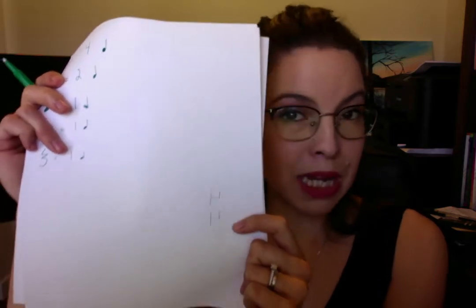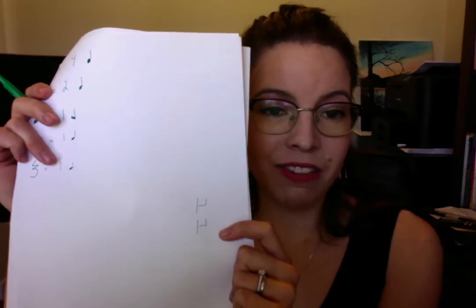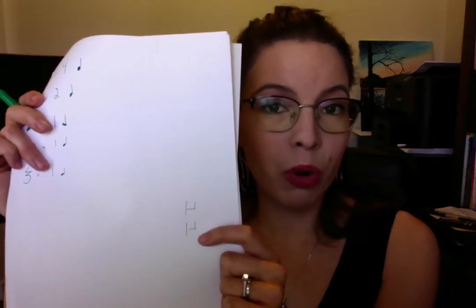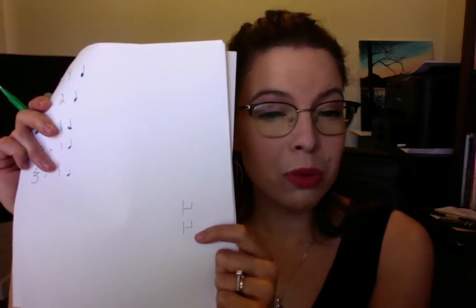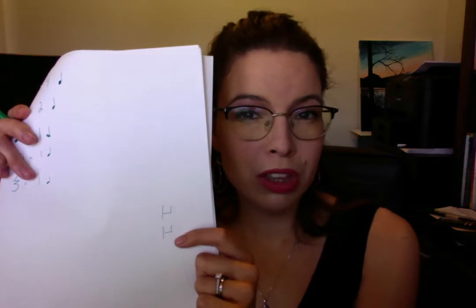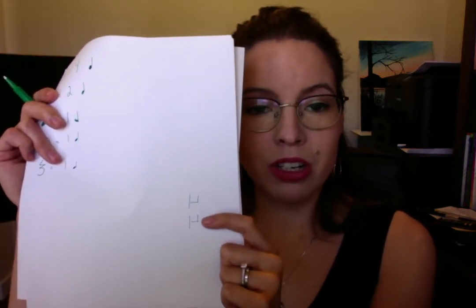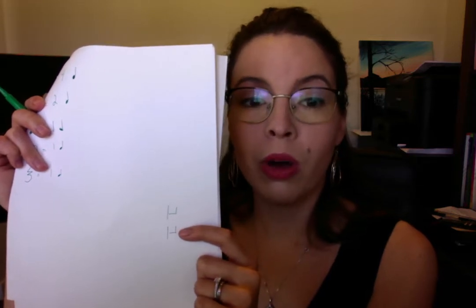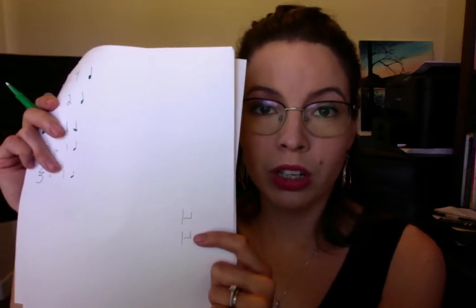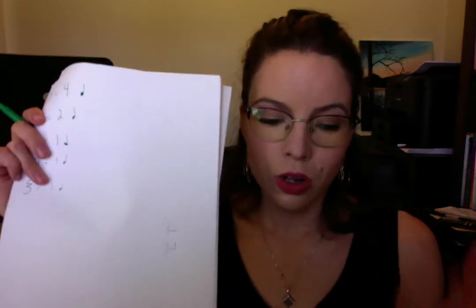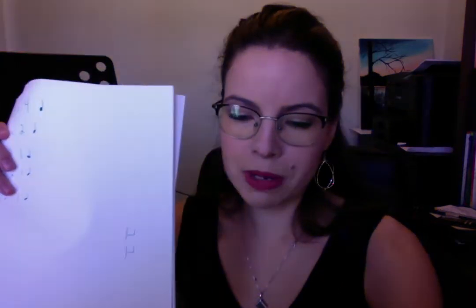How many beats do you think are going to be in every measure if our time signature is 4 over 4? And that's also a bit of a trick question because I've given you the answer. What do you think? 4! Awesome. Okay, so we need 4 beats in every measure.